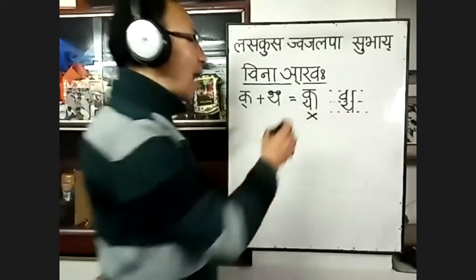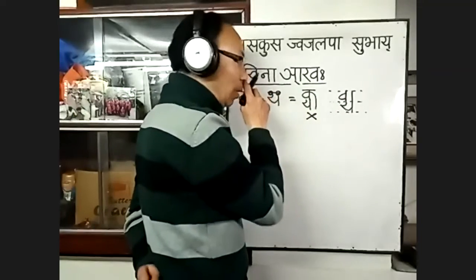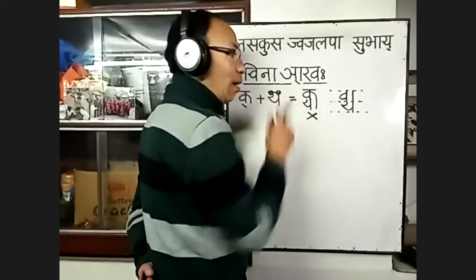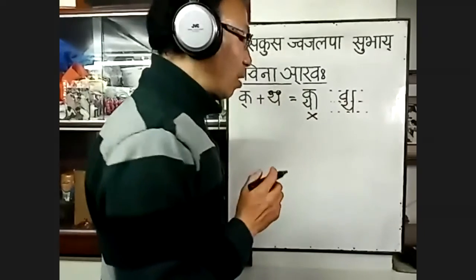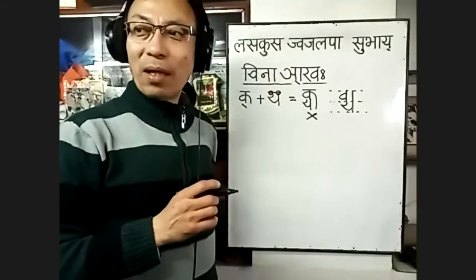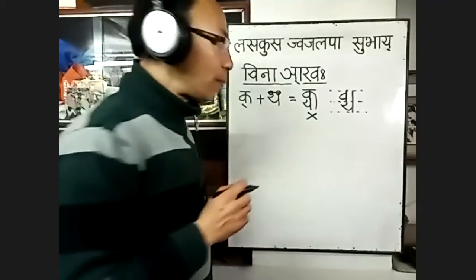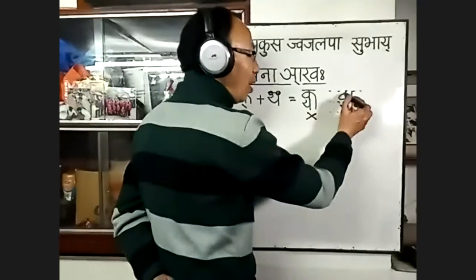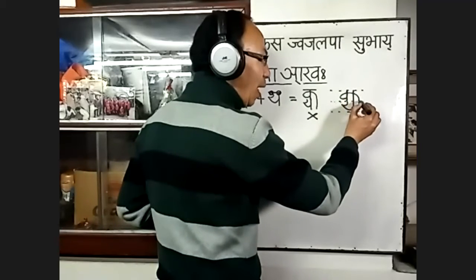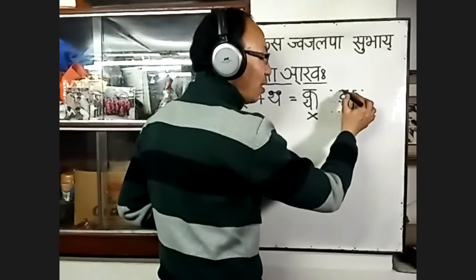As I said with the single line touching at the mo letters, la always covers the letter that comes at the bottom. So you just give la to cover this, and this is kyo.